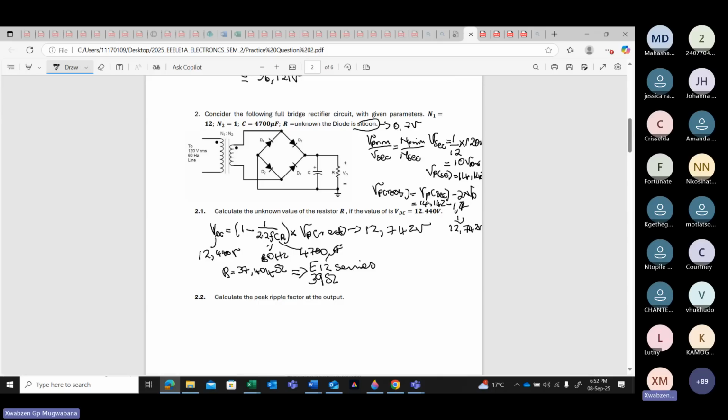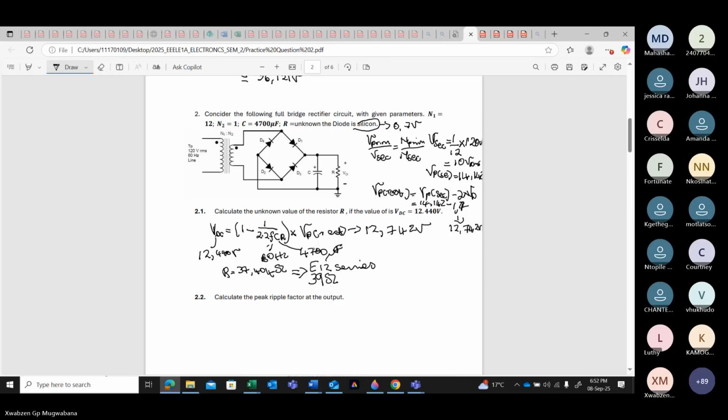Now you have got your 39 ohm resistor. That is the one that you have connected there. Any questions with regard to this? Sir, can I ask? If you're given a resistor and asked to calculate the capacitor, do I have to convert it into an E12 series resistor?